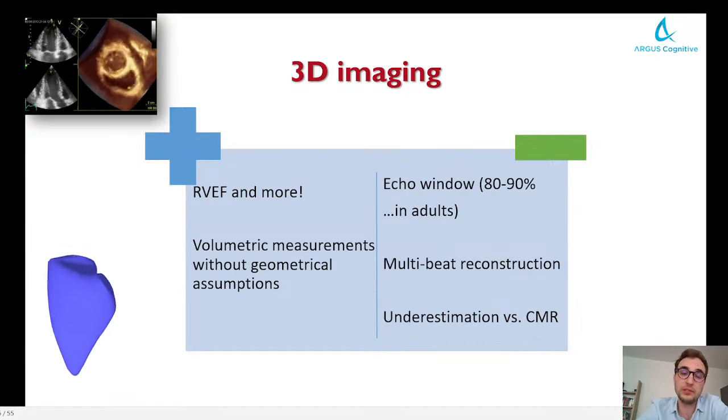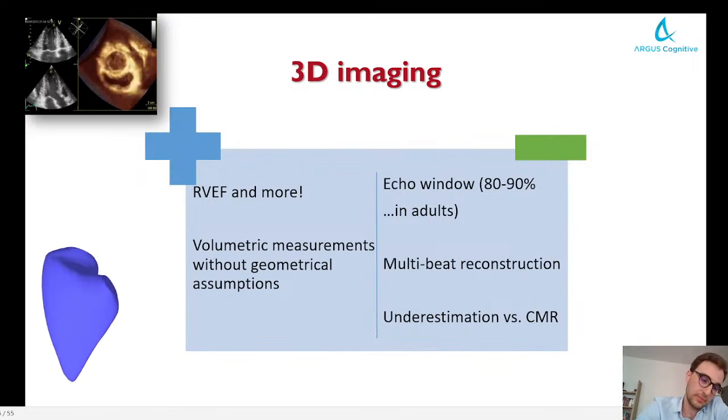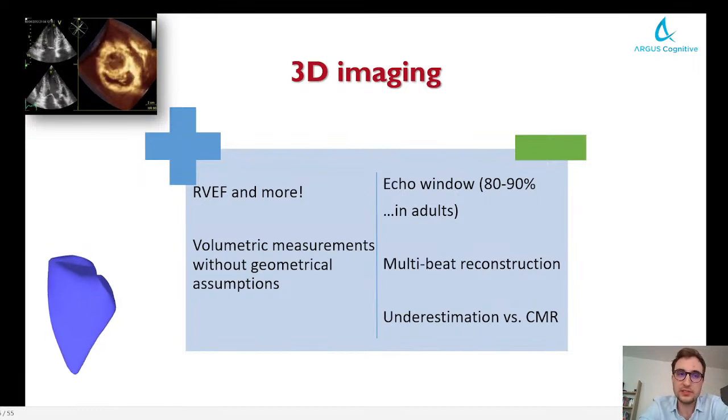First of all, I would like to highlight the echo window, which is not a problem in approximately 80 to 90% of patients. However, we are talking about adults. Multi-beat reconstruction is often not possible in cases of arrhythmia, or in distinct conditions when we cannot ask the patients to hold their breath.